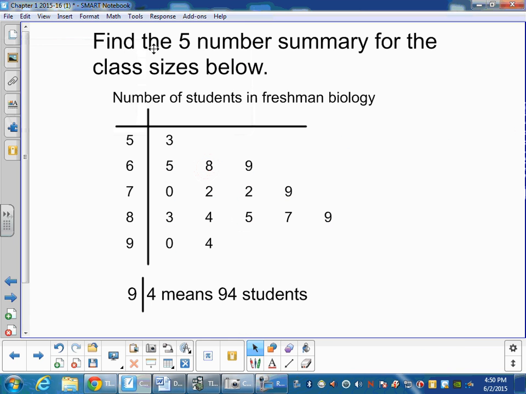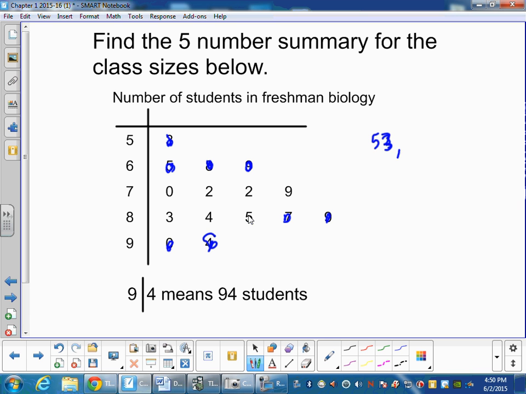All right, now let's try to find this 5-number summary for the class sizes below. These are the number of students in a freshman biology course. We know that the minimum is 53. That's terribly written. Now let's find the median and Q1. So if we have the bottoms, then these ones, those are out.